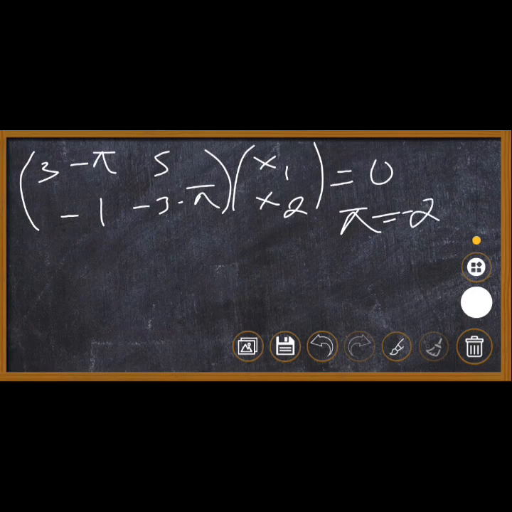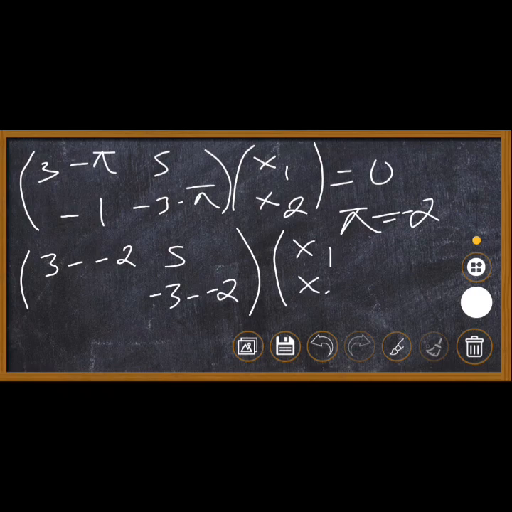So where there is pi, we put negative 2. So in this case then, it's going to be 3 minus negative 2. And then here 5, negative 3 minus negative 2. All of these equal to 0. Sorry, there is x1 and x2. So there is x1 and x2. All of these equals to 0. And then here we have negative 1.